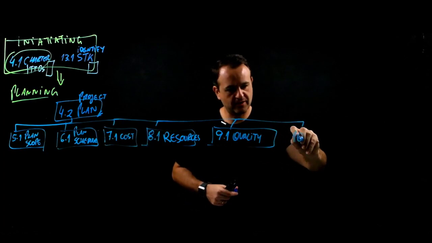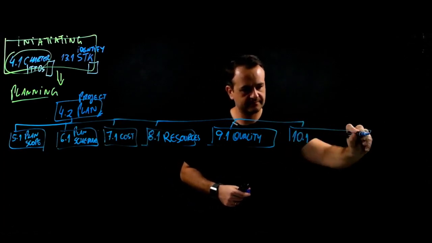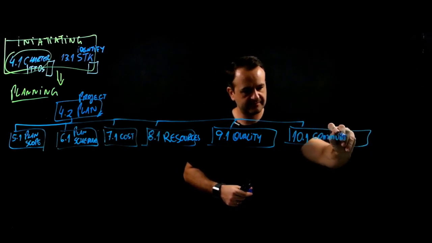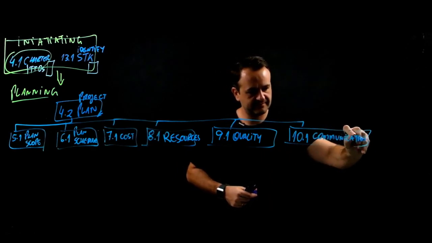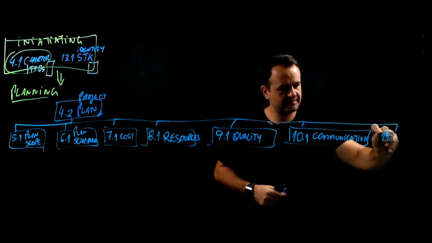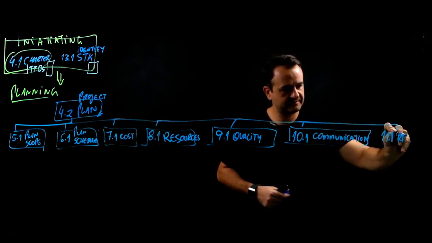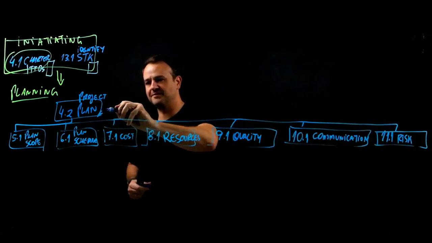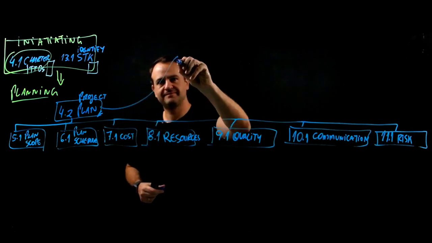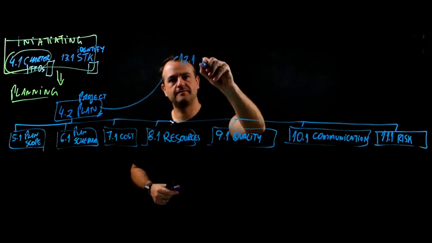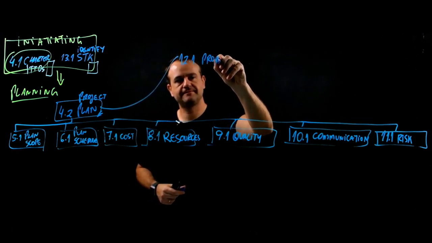Then we have 10.1, communications. 11.1, risk, plan risks. Then we have 12.1, plan procurement.